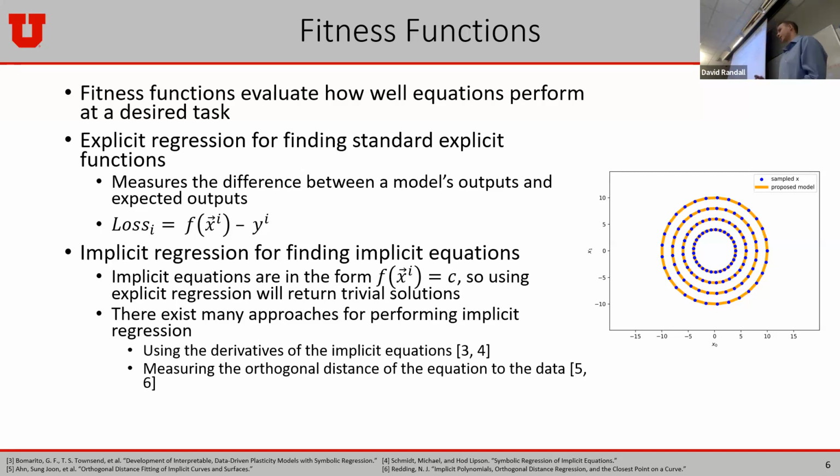We want the equation x squared plus y squared is equal to 9 instead. So there are multiple ways of dealing with implicit equations, one of which is using the derivatives of the equations to define loss, another of which is to measure the distance between the point and the orthogonal to the equation. And I'll be talking about the former approach later.